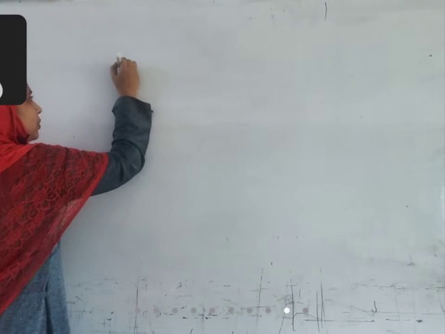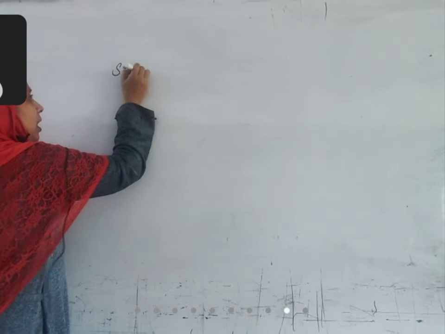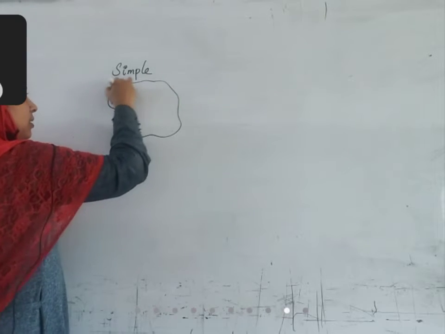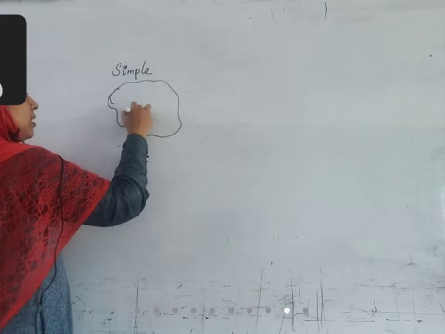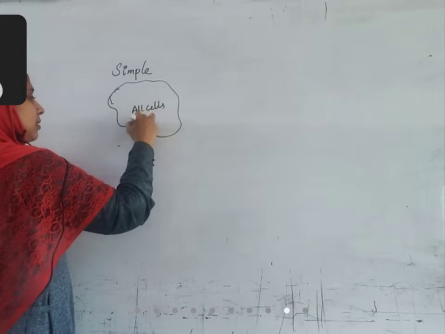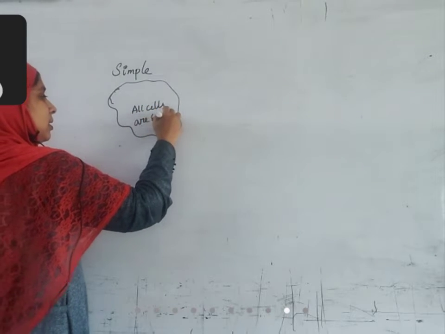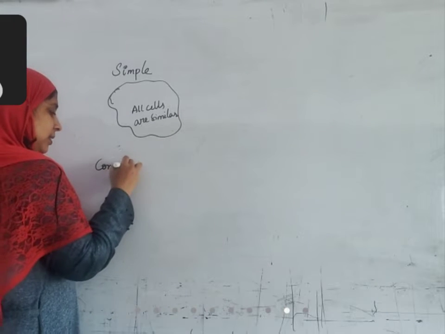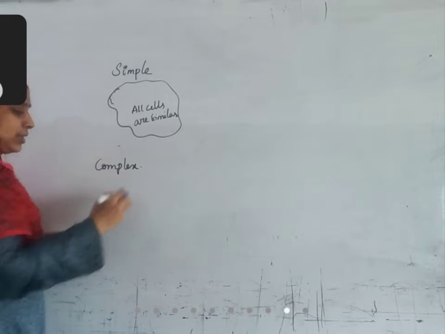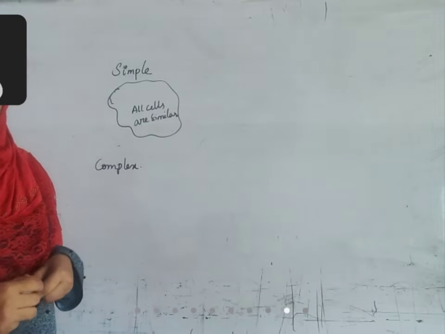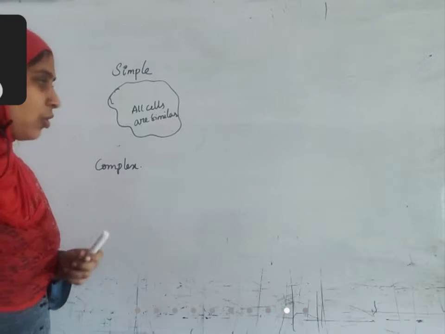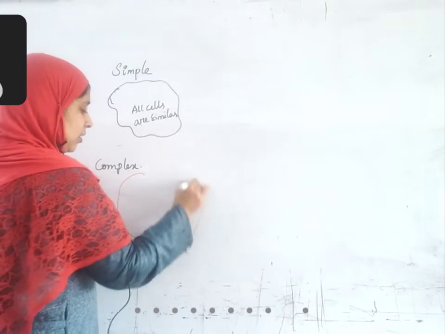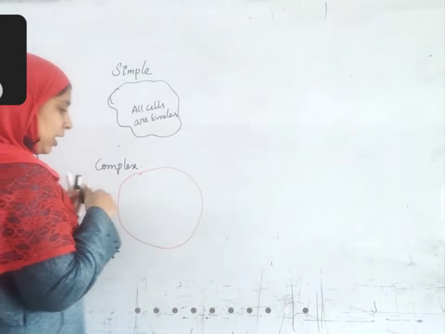It has all the cells in the tissue similar. But complex permanent tissue does not have all cells similar. But when we talked about the definition of tissue, I told you that it is made up of all similar cells. Why is complex tissue not like that?